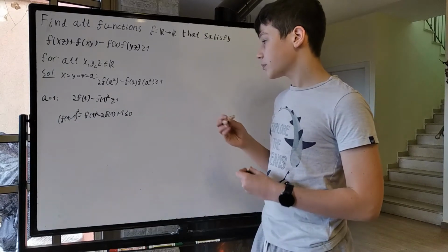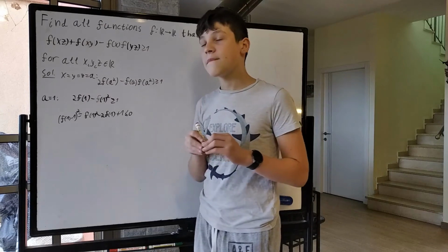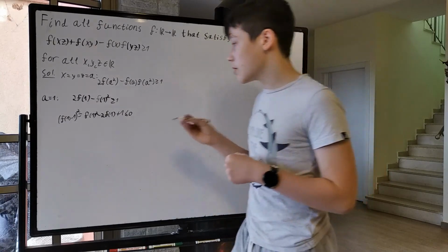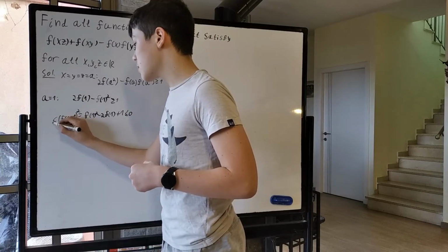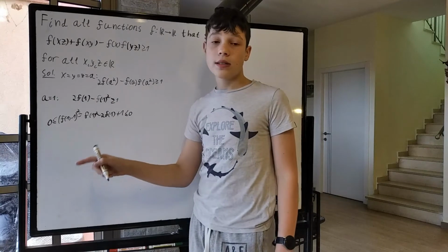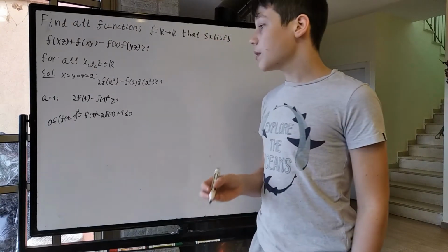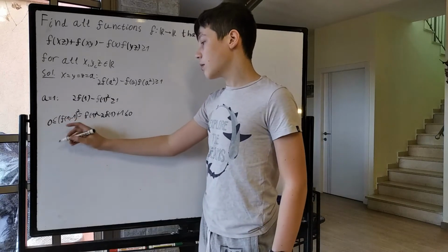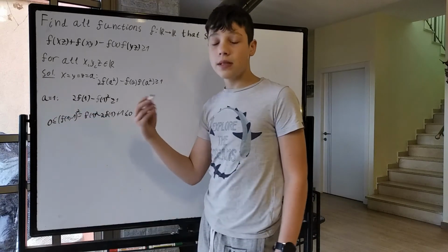And because any real number squared is non-negative, this has to be bigger than or equal to 0. And if it's smaller than or equal to 0 and bigger than or equal to 0, f of 1 minus 1 all squared has to be 0. So f of 1 minus 1, this bit inside, has to be 0.